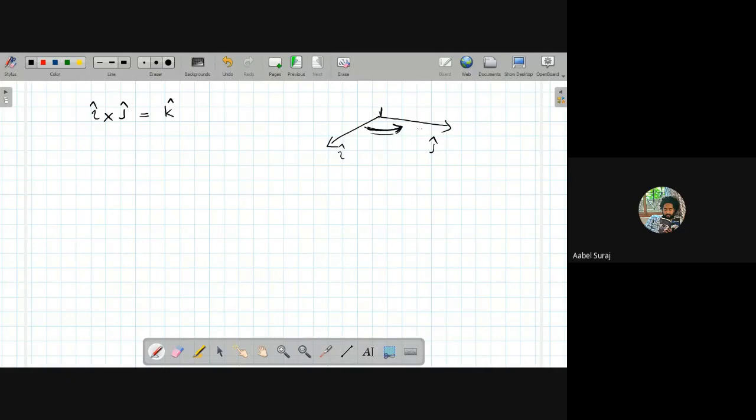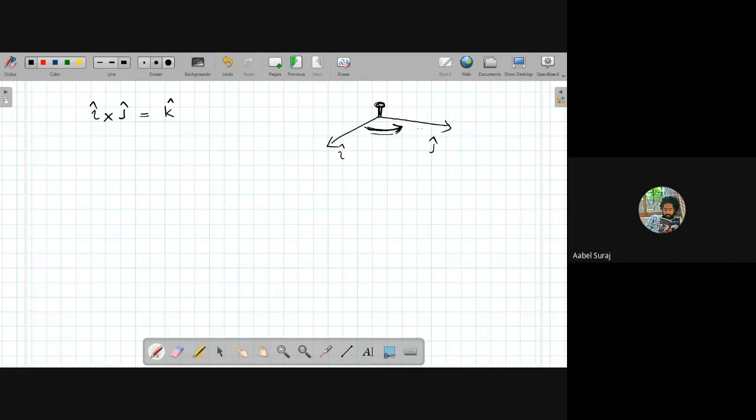So if you are rotating a screw, as I said in the earlier class, from the i direction to the j direction, which direction will the screw go? If it is a right hand screw, it will be going upwards. If you put your hand on top of this plane of i and j and rotate, the screw will come upside.